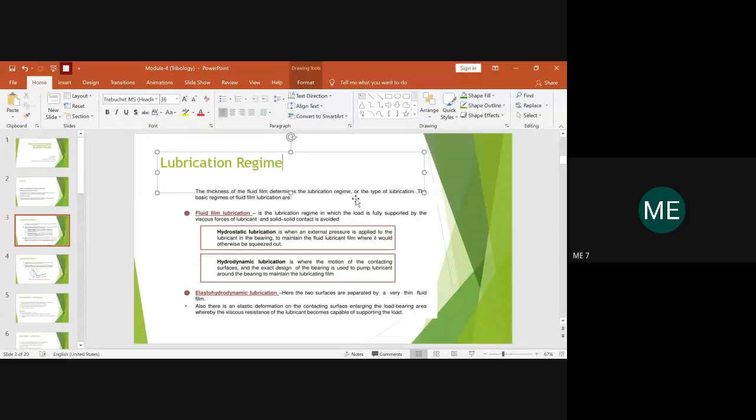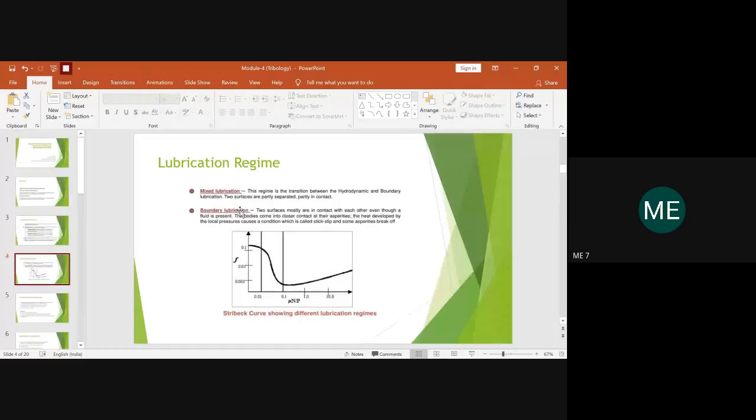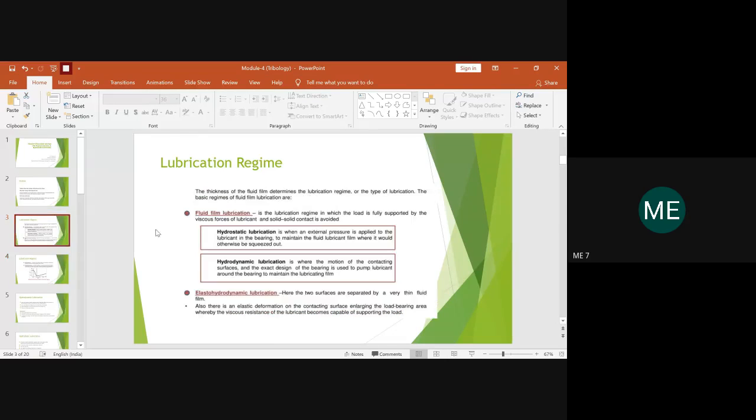Based on the thickness of the fluid film, you can categorize whether it is hydrostatic or hydrodynamic, whether it comes under fluid film, or is elastohydrodynamic lubrication, or mixed lubrication, or boundary lubrication. This is a huge, wide area of classification, just for your reference as a prerequisite. In that, we are focusing on hydrostatic lubrication.